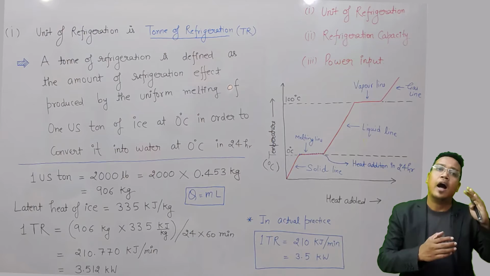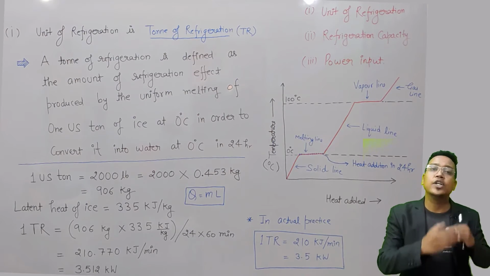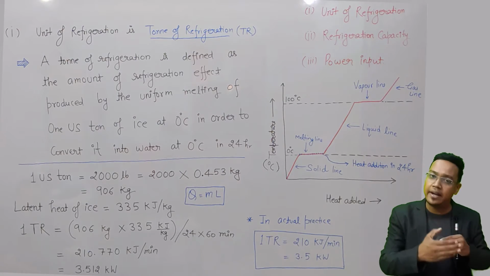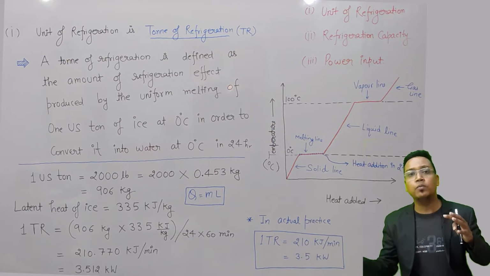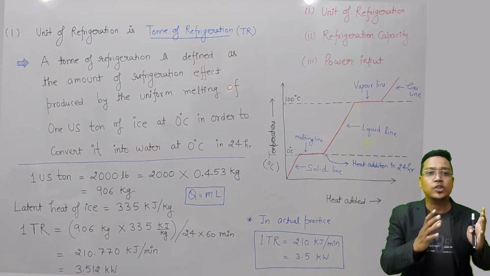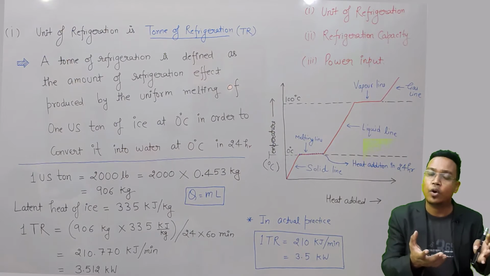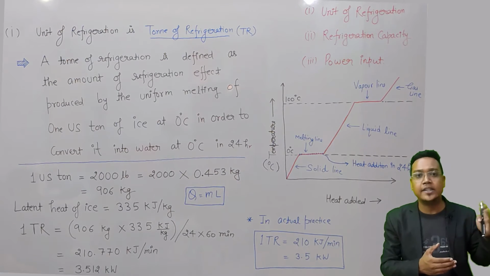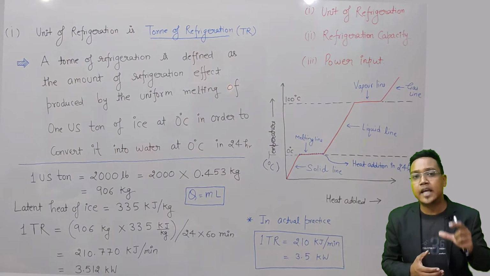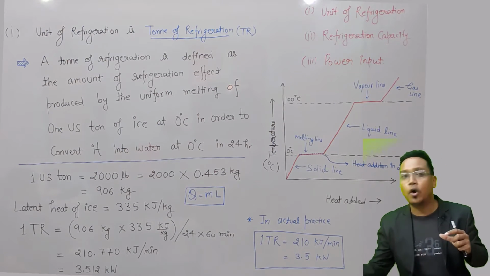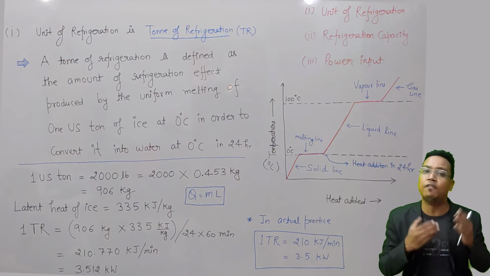That means ice will melt at 0 degrees Celsius. Then whatever heat is added from the room to the ice, that is called the refrigeration effect. In the same way as the window AC, I have explained that how much heat is absorbed by the window AC from a storing space, that is called refrigeration effect.